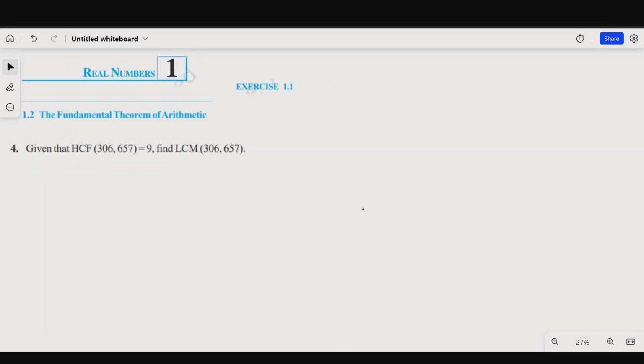Question number 4. Given that HCF of 306, 657 is equal to 9, now we have to find the LCM.